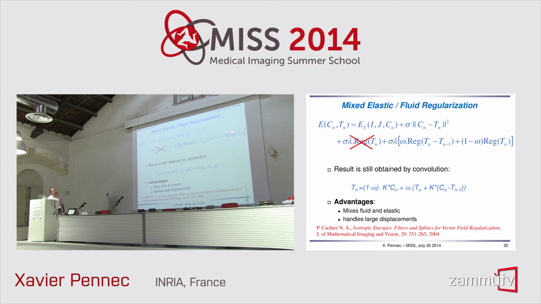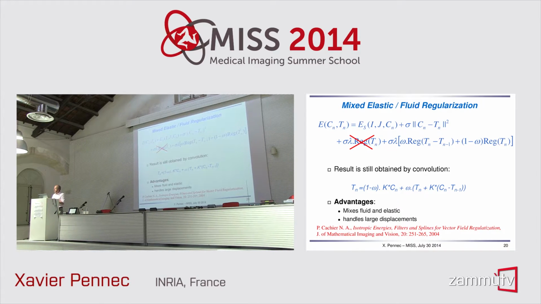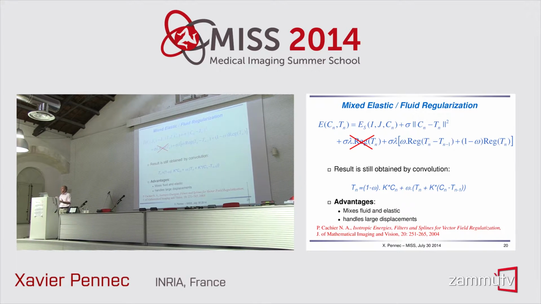This would be the elastic part, this would be the fluid part. And we can still show that we can obtain a result by convolution, and this is given by this formula. But anyway, it's not important. The important thing is that we still obtain the result by a convolution. So we are maintaining the efficiency, and we can have a mix between elastic and fluid regularization.